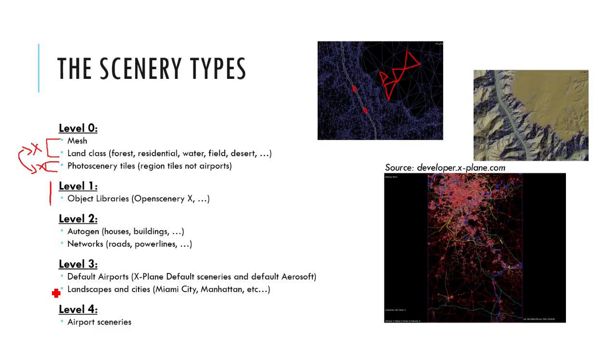And if you want the perfect combination with X-Plane, you need to have it at what I call level 3, because if you put it before, it might get into conflict with level 2. And level 4 is everything that concerns airport sceneries, and really only airports.